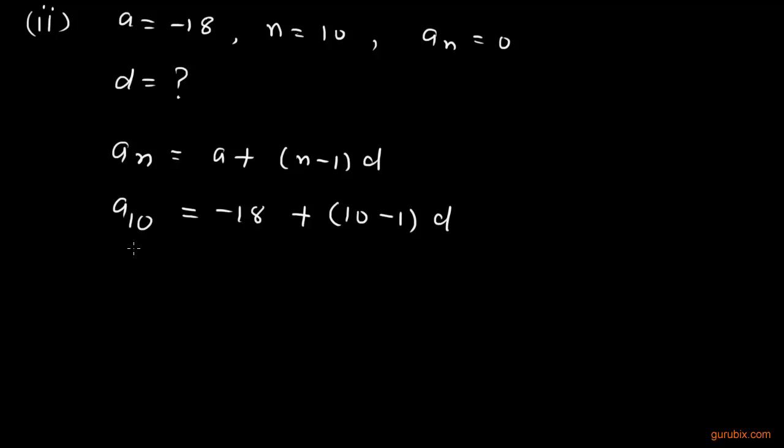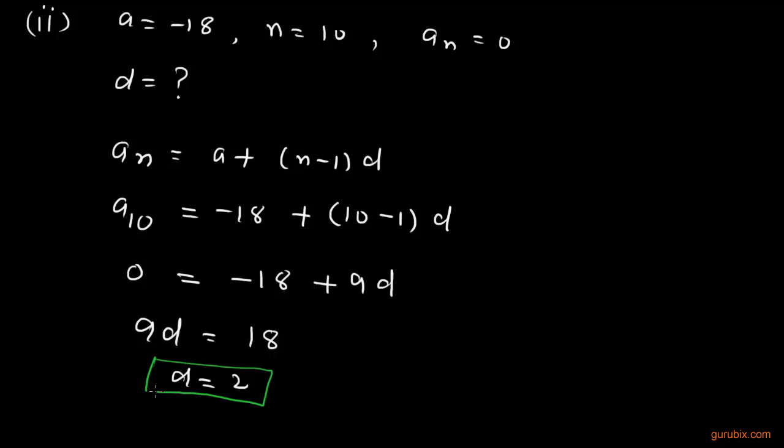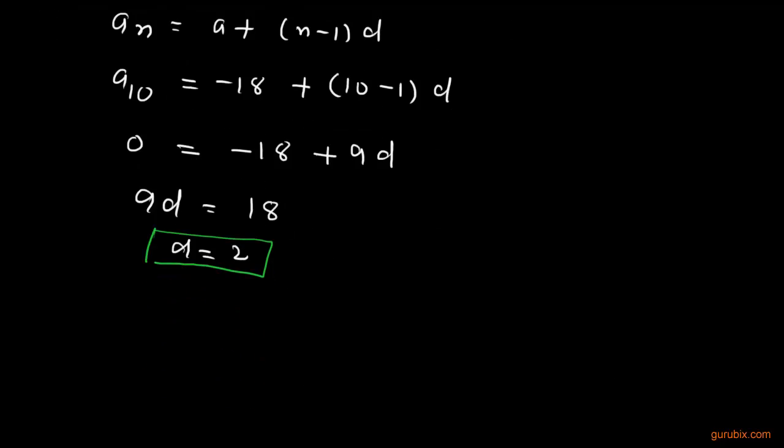So A10 equals 0, and that equals minus 18 plus 9D. Calculating this equation we get 9D equals 18, and dividing by 9 on both sides we get D equals 2. So this is the solution of the second part.